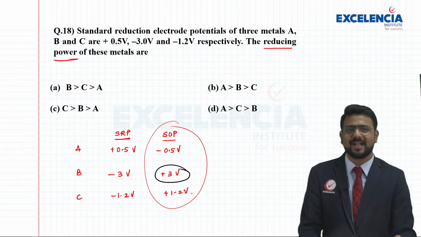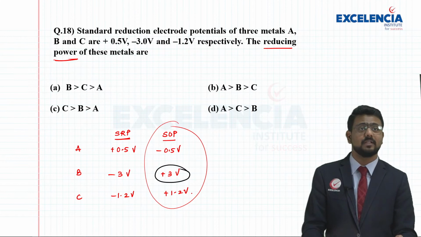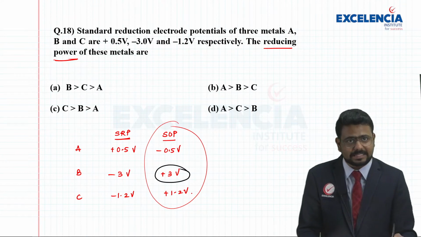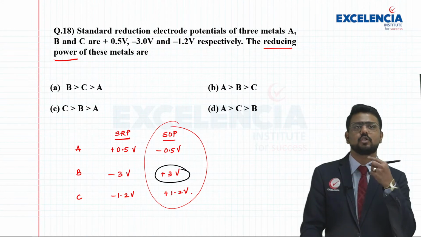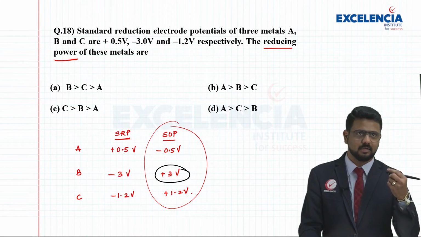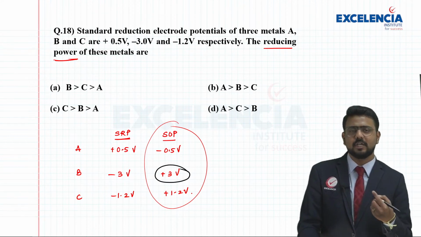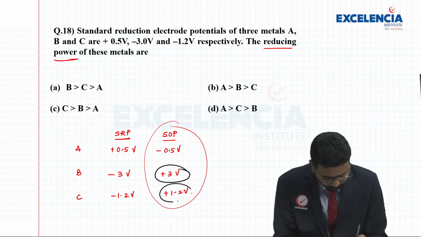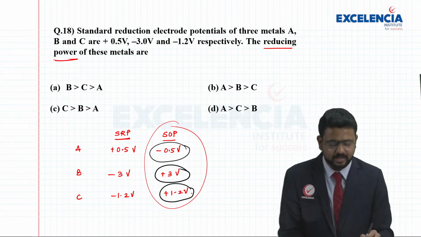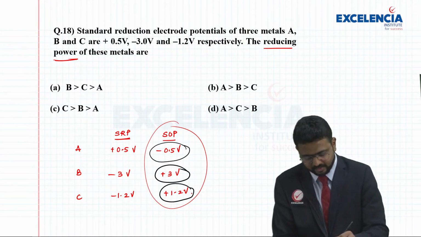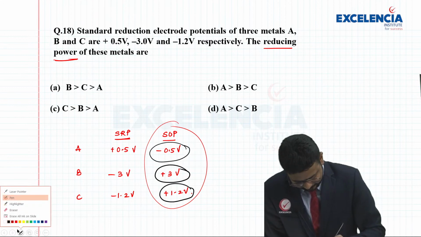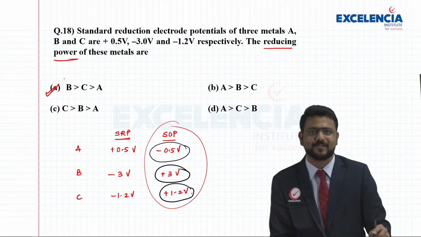If B has a maximum oxidation potential, it means it is going to get oxidized very easily and hence it is going to be the strongest reducing agent amongst these three, right? So obviously B followed by C and finally A, right? So definitely option A here is your correct answer.